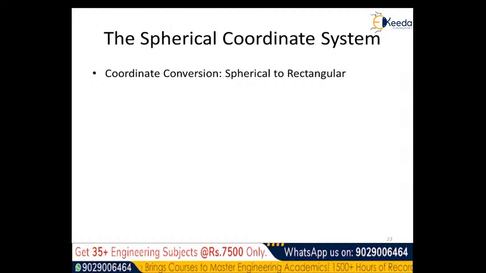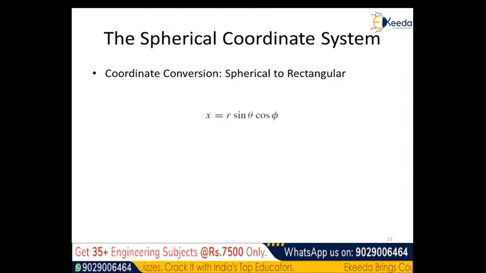Now with the understanding of this much geometry, with the help of the right angle triangle that we have just now seen, and the other right angle triangle as we had in the case of conversion from the rectangular to the cylindrical coordinate system, here we shall have the conversion formulas while we switch from spherical to rectangular here.